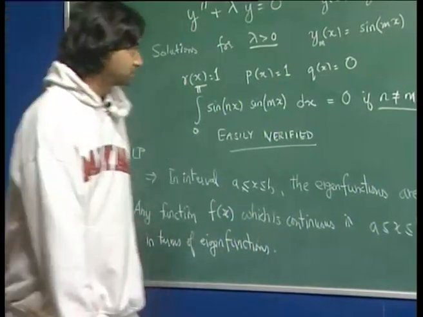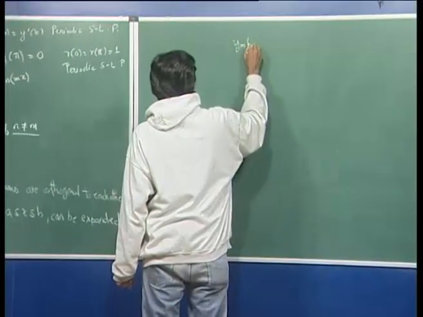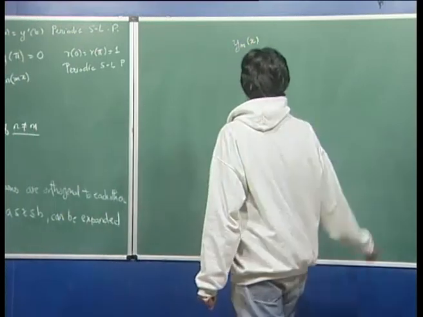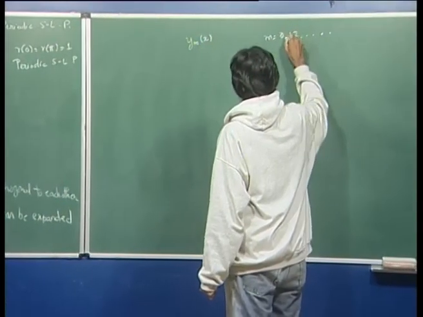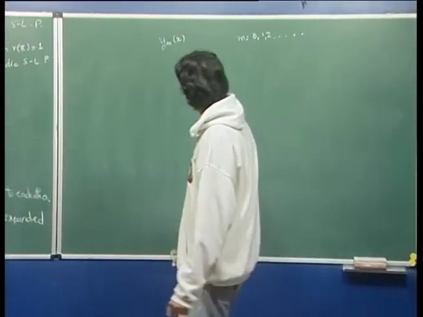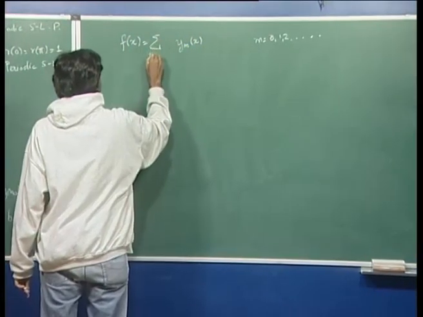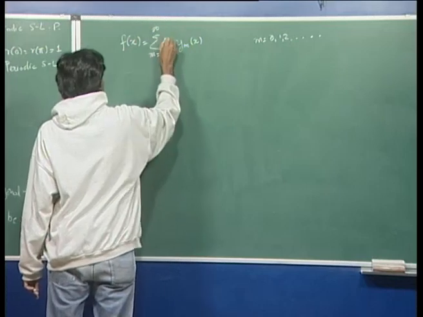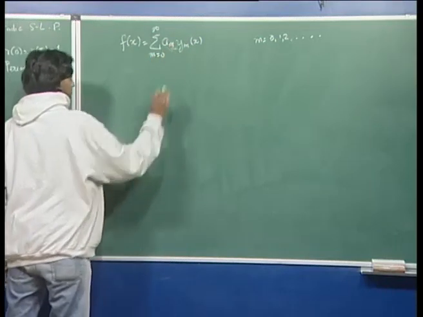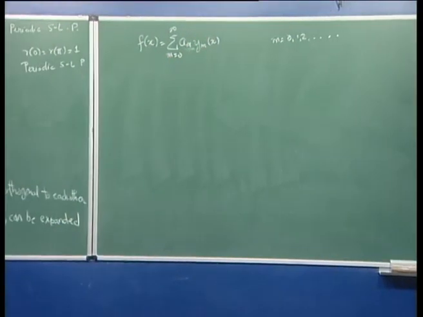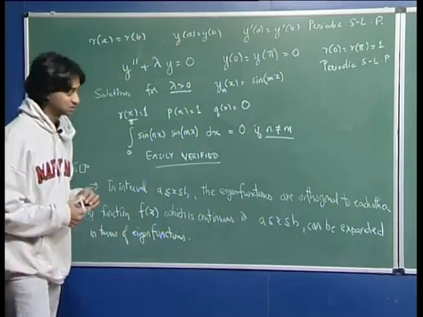So, if these eigenfunctions are denoted by y m of x for different values of m, then you can write any function f of x as a sum from m equals 0 to infinity of some constant times y m of x. What it says is that any continuous function can be expanded in terms of these orthogonal eigenfunctions.